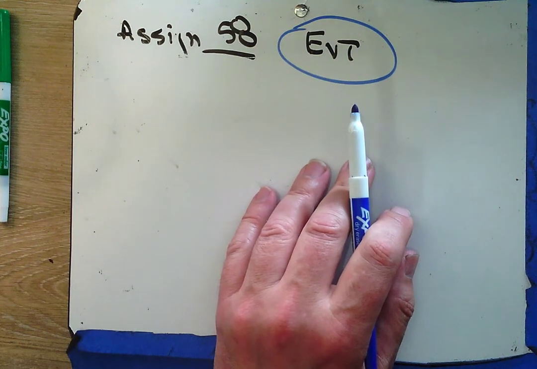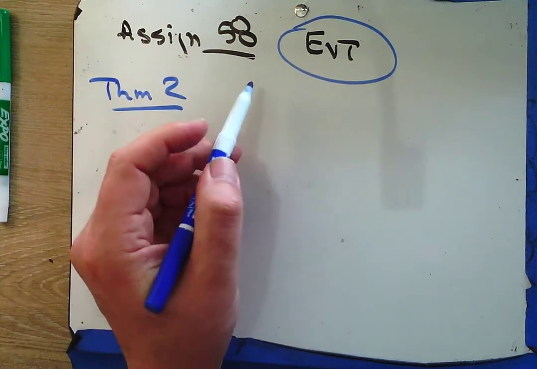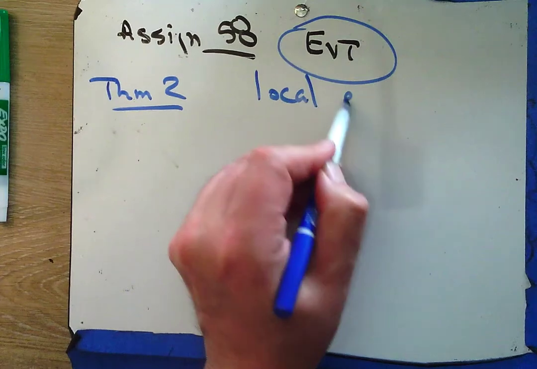And what we can think about is theorem 2 here in this section, which says local extremes.